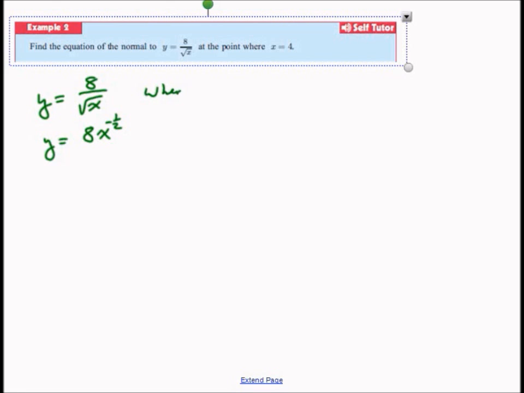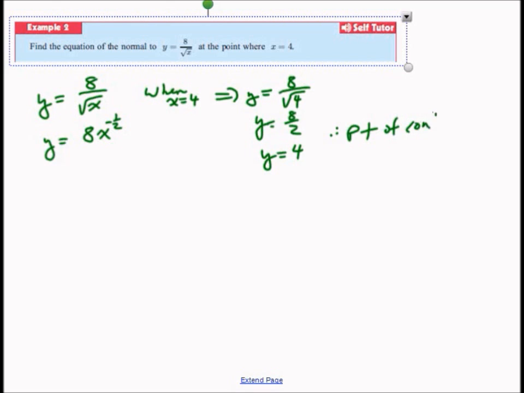When x equals 4, y equals 8 over the root of 4, which is 8 over 2, which is 4. Therefore, the point of contact is (4, 4).